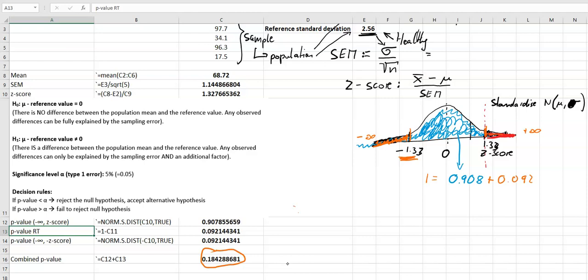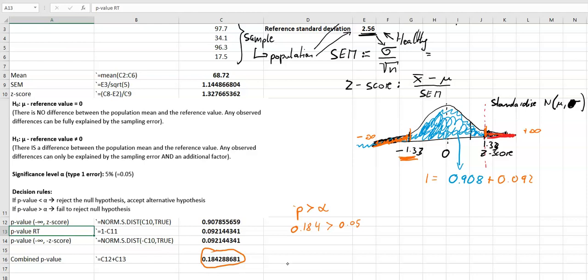Now we notice that the p-value is certainly larger than our alpha, so 0.184 is larger than 0.05, and therefore we go back to our decision rule and say the p-value is larger than alpha.